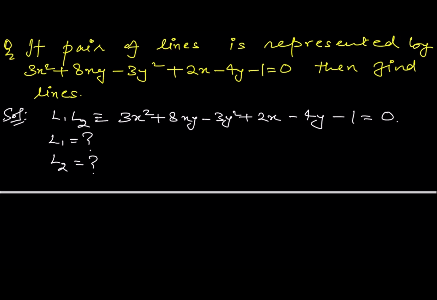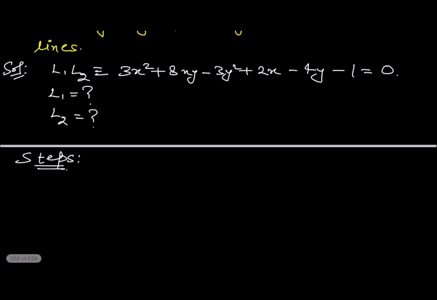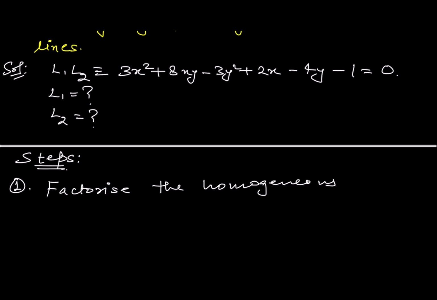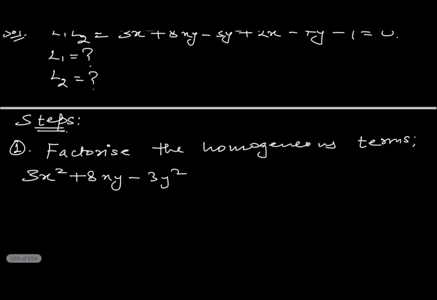So we need L1 and we need L2, right? Now for this we have to follow some steps. So we are solving this question in steps. So step 1 is factorize the homogeneous terms, that is 3x square plus 8xy minus 3y square. Means I have to factorize this, right?